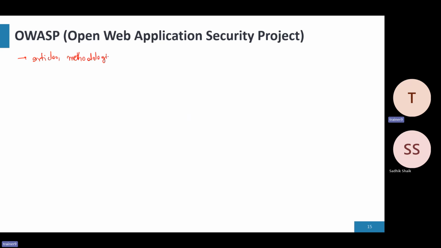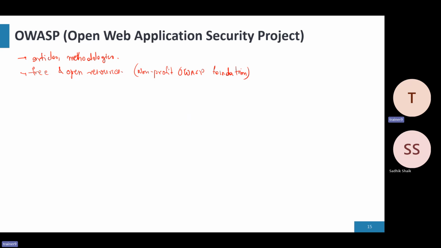You can consider it a free and open way to start accessing different types of resources. There's a non-profit organization, the OWASP Foundation, which is trying to bring the best security practices to the industry.